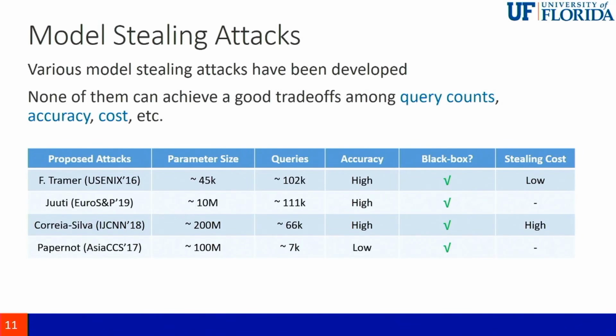Okay? So the unanswered question is whether it is possible to take very few queries to reconstruct a model. And the NDSS 2017 paper gives you an answer, but this answer is not perfect because they only used 7,000 queries, but the reconstructed model has very low accuracy.